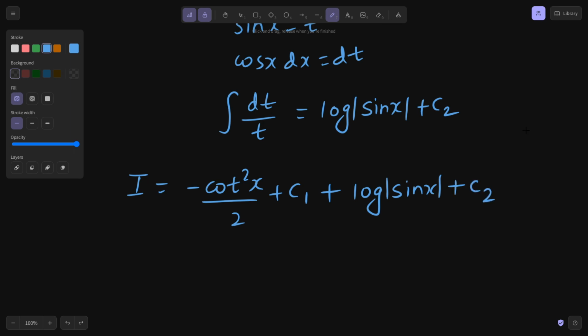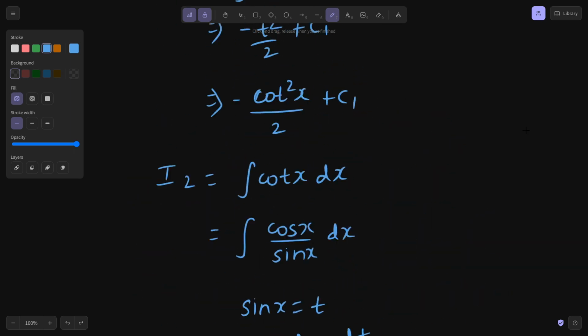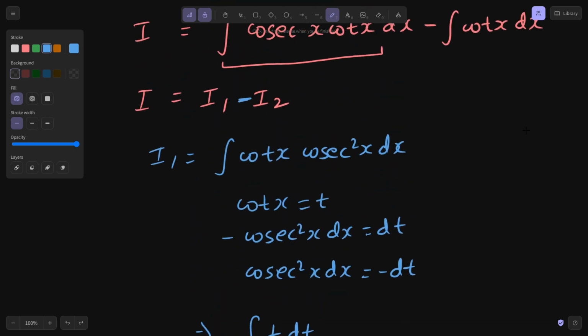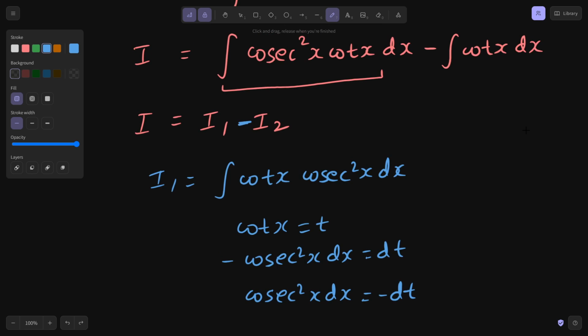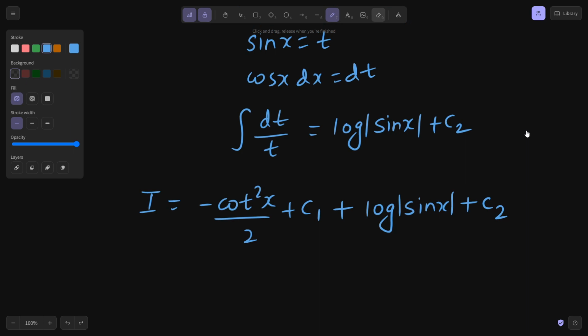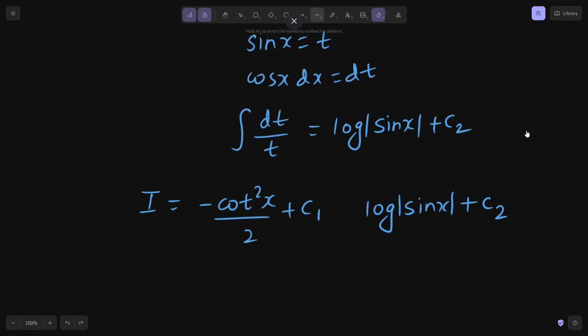But I always make this mistake very often. This equation contains a minus sign in the middle, and you have not taken the minus sign while evaluating I2, so you need to take care that we do have a minus sign in the middle.